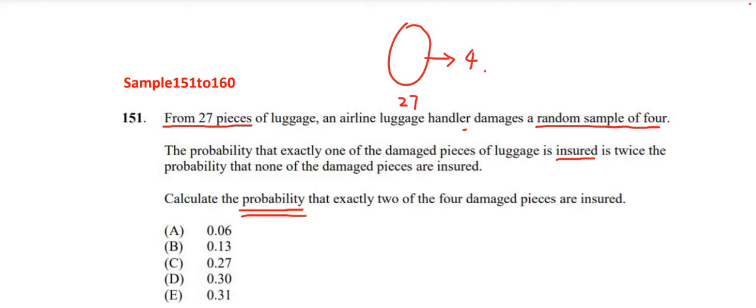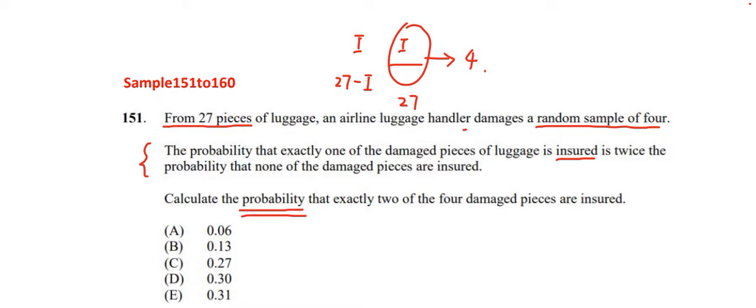Suppose we have I insured, and not insured is 27 minus I. So we split this into 2 parts, insured or not insured. So what is I? We need to determine it from the condition.